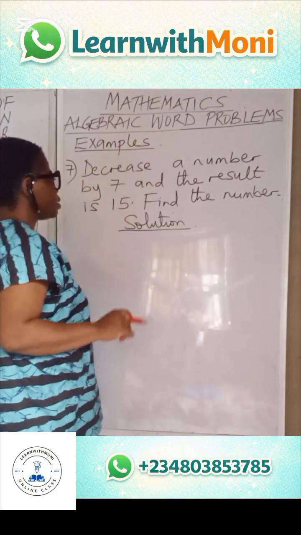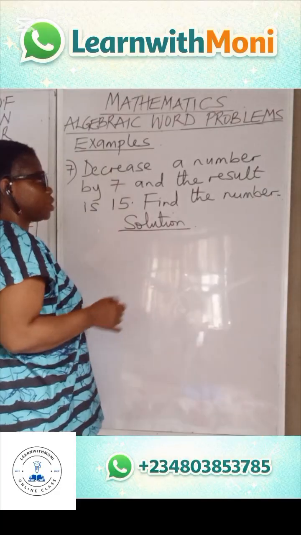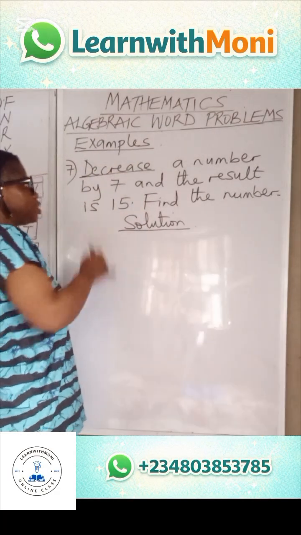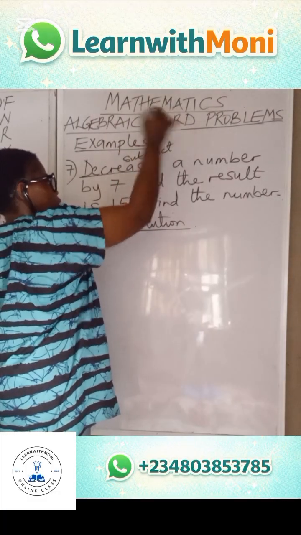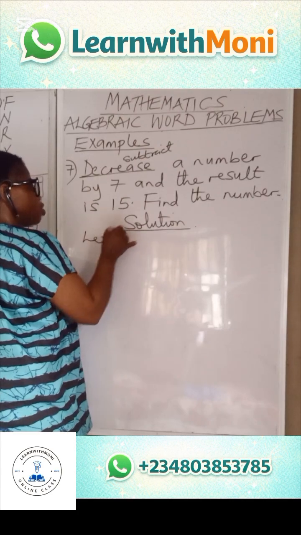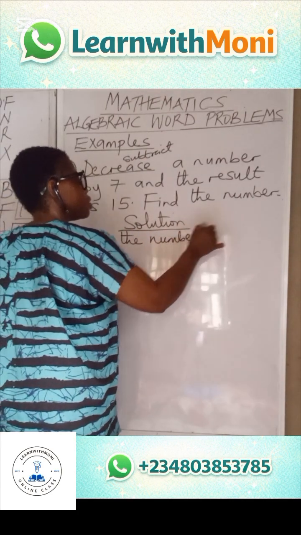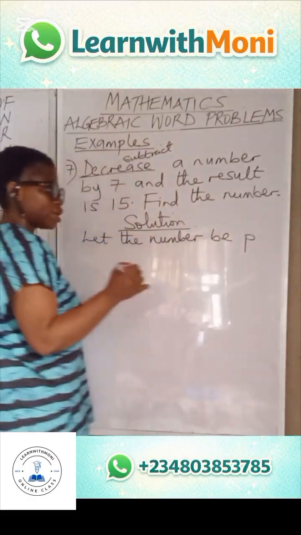This is another example. Decrease a number by 7 and the result is 15. Decrease means subtract. So let that unknown number, the number we do not know, be p.